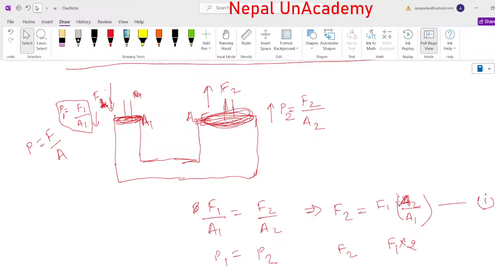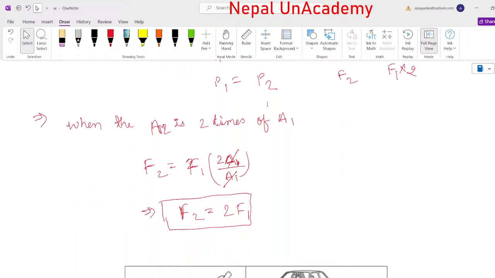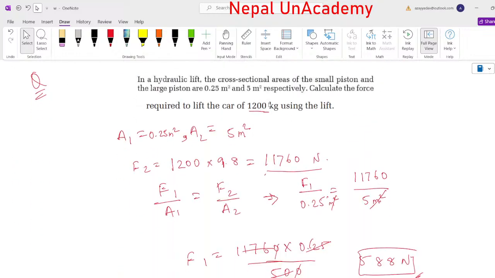So it is that much large, so it can lift heavy vehicles, cars, or even larger weight than car vehicles. So these are all about the pressure application.